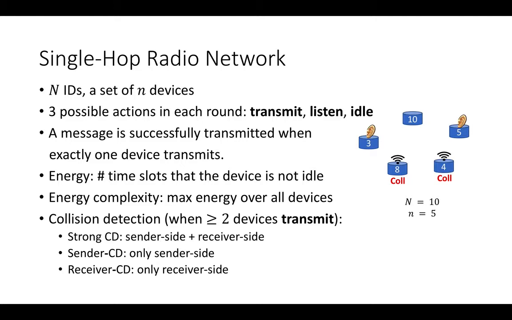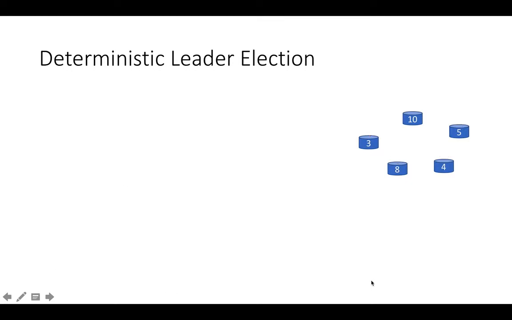In this model, only the listeners have the ability to detect collisions, and the sender cannot distinguish whether he is the only transmitter or there are other transmitters. And finally, there is the model of no CD. In this model, transmitters receive no feedback, and the listeners either receive the message or always hear silence.